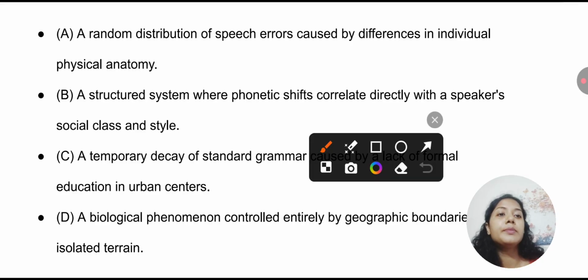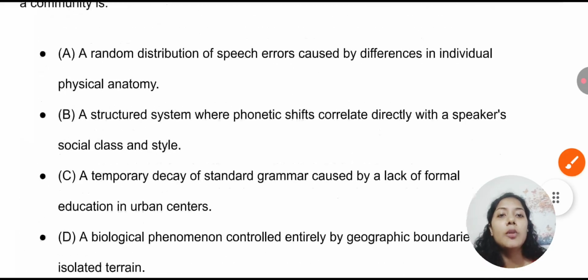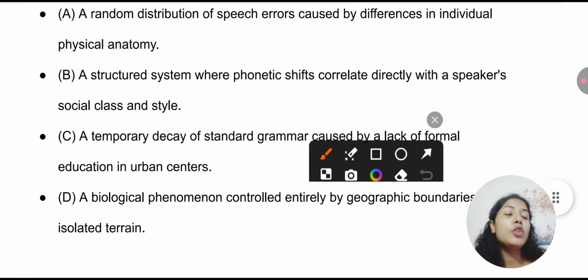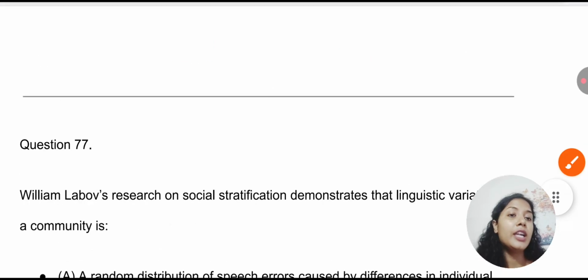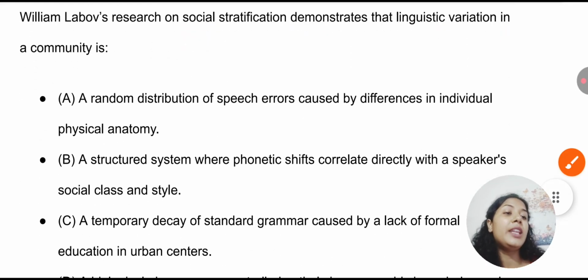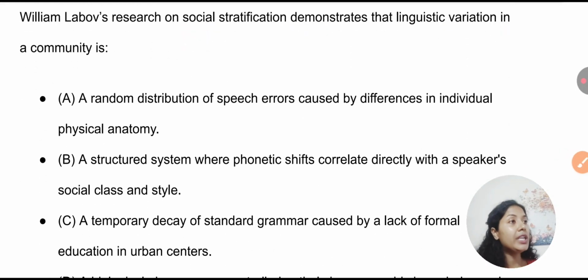Correct answer, option B: according to William Labov, it is a structured system where phonetic shifts correlate directly with the speaker's social class and style. That is the linguistic variation in a community, remember, okay?